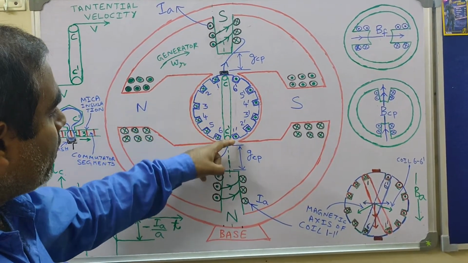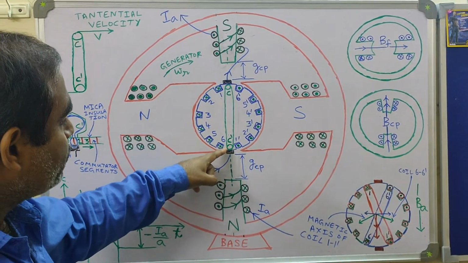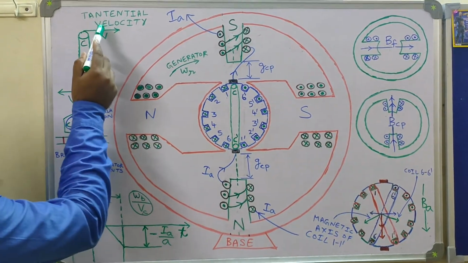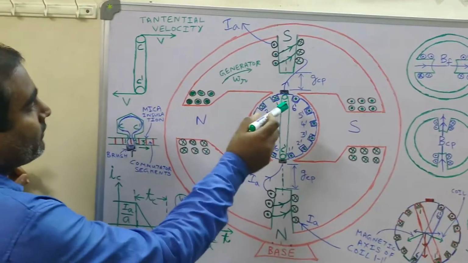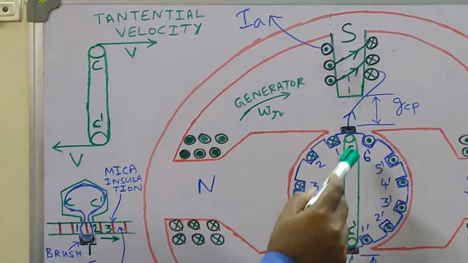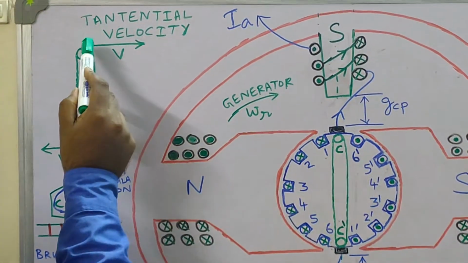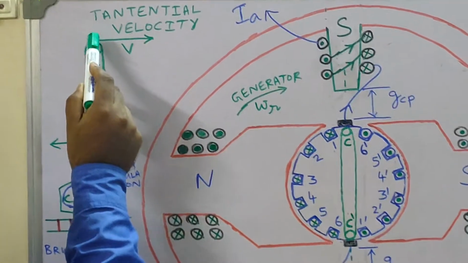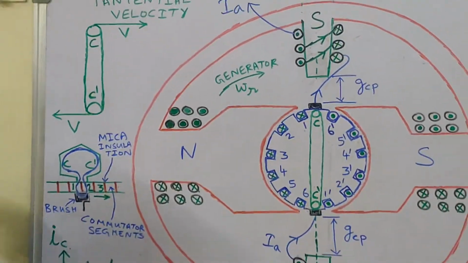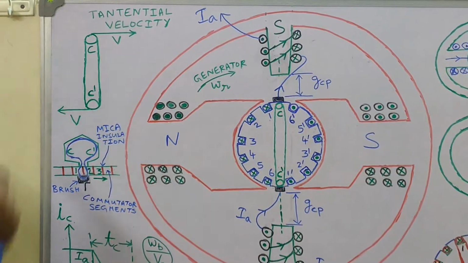So when coil 11 dash is occupying the position indicated by coil CC dash, this will be the tangential velocity vector, because the armature is being driven in the clockwise direction. So for coil side C, the tangential velocity will be from left to right, and for coil side C dash it will be from right to left. So this is shown here separately.